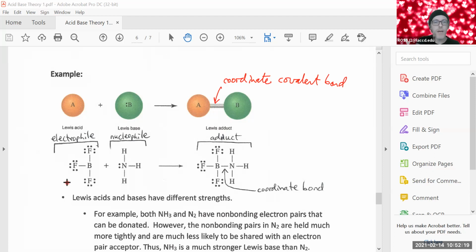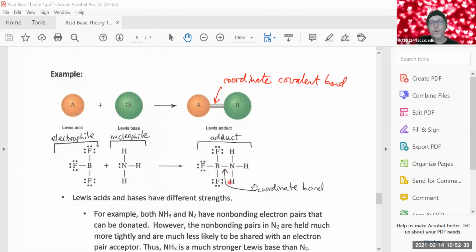Examples of this would be BF3 and ammonia. BF3 is stable, but it's got a deficit of electrons. It doesn't have a full valence shell around boron. So it's able to accept an extra lone pair. And ammonia has a lone pair.